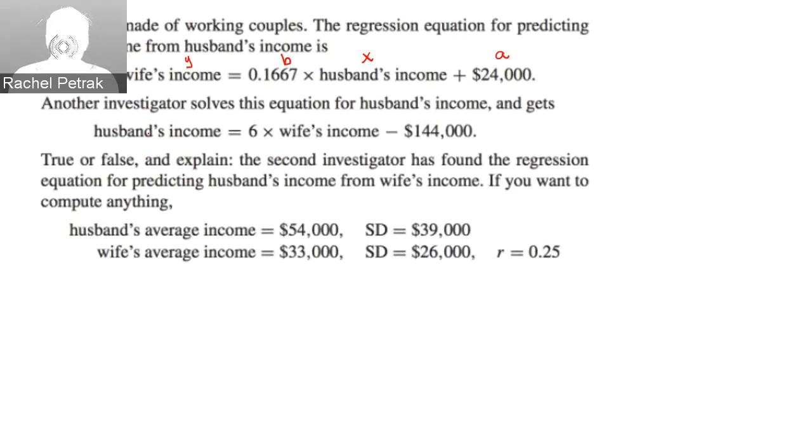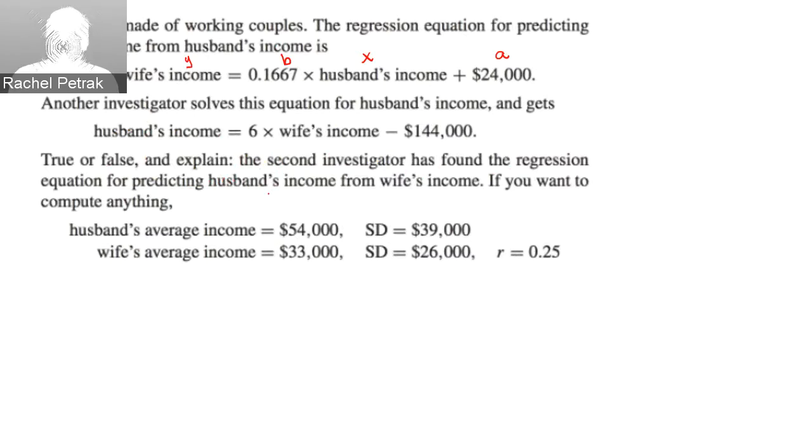And now we have a true or false. The second investigator has found the regression equation for predicting husband's income from wife's income. So if you want to compute anything, you can use these data here, but let's see if we need to in order to evaluate this.